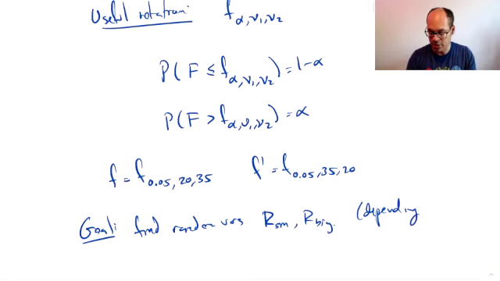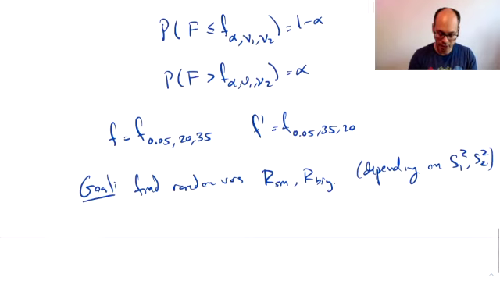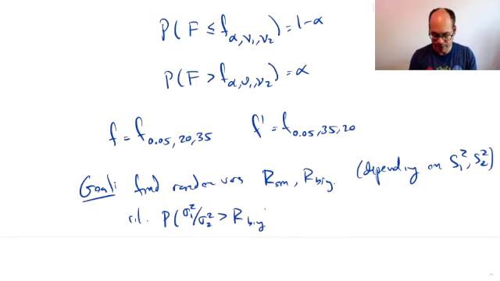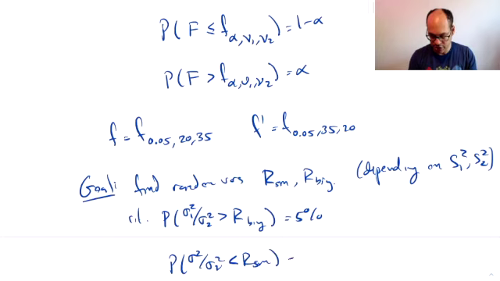So these are going to depend on S1 squared and S2 squared, our sample variances, such that the probability that sigma 1 squared over sigma 2 squared is at least R big is going to be 5%. And the probability that sigma 1 squared over sigma 2 squared is less than R small is going to be 5%.